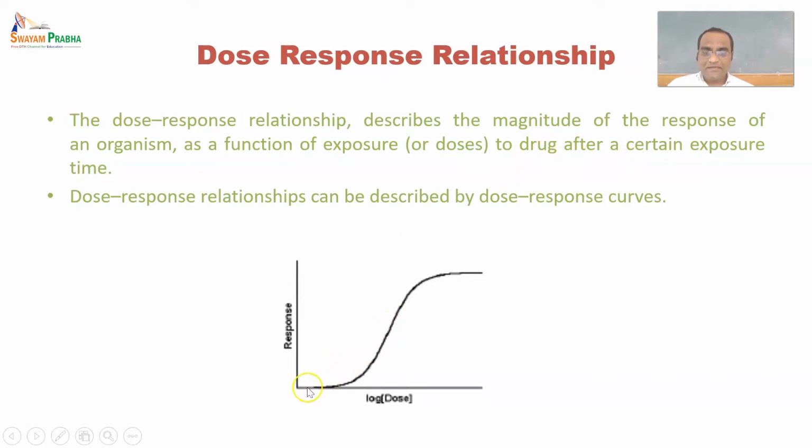Here you can see that at minimum concentration of a drug there is no response, and later on it shows a sigmoid shape of curve. The sigmoid shape indicates that from here the dose, or drug, has become effective.